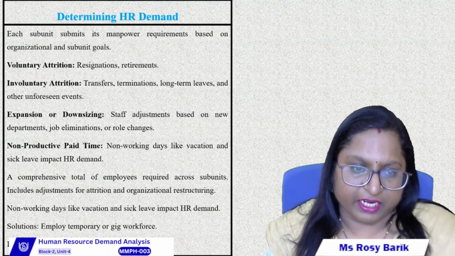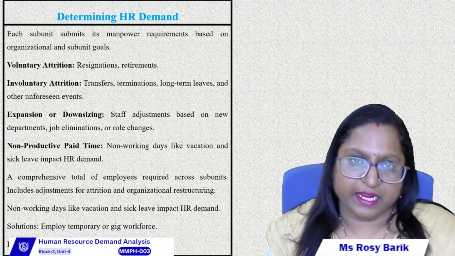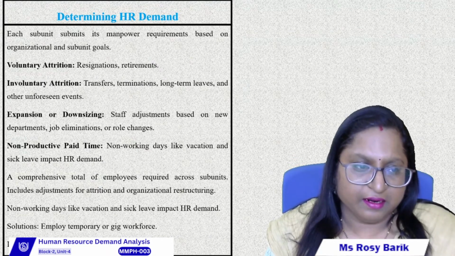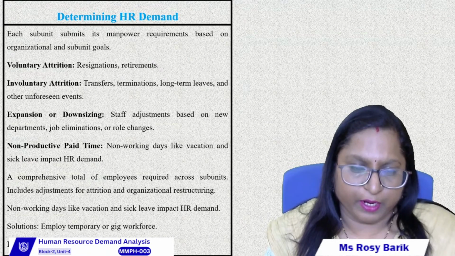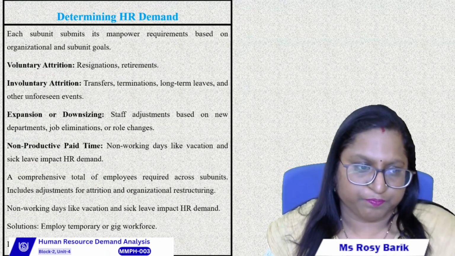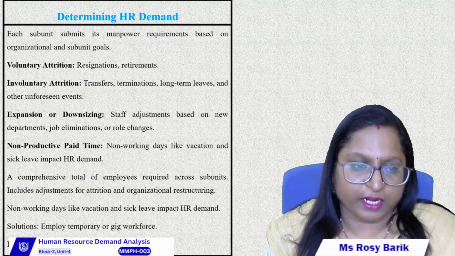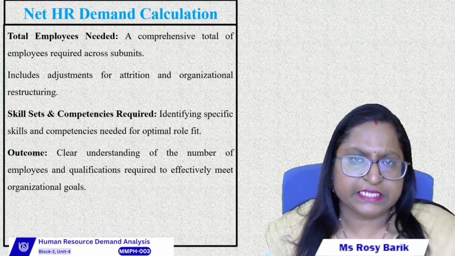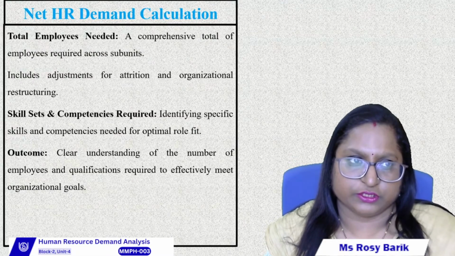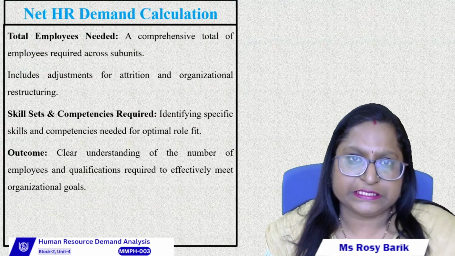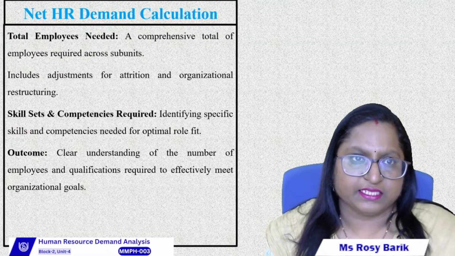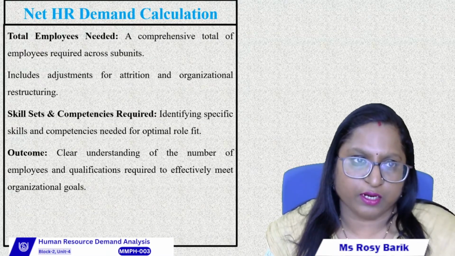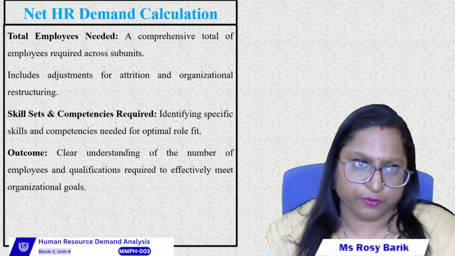Non-working days like vacation and sick leaves impact our HR demand. The solution is to employ temporary or gig workforces, or increase the overtime of existing staff. Next, HR demand calculation. The total employees needed is equal to the comprehensive total number of employees required across the subunits.